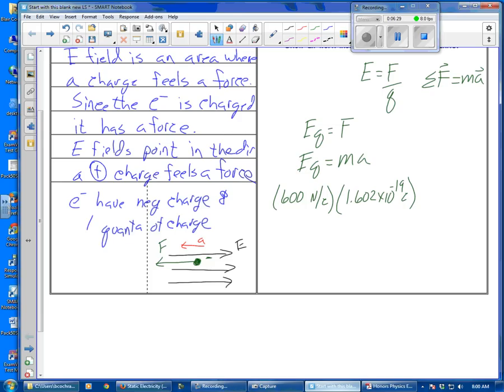I've already resolved the fact that it's negative in my force diagram and in knowing that it points opposite the field. And then the mass of my electron being 9.11 times 10 to the negative 31st kilograms. The only thing I don't know is the magnitude of my acceleration, and I can solve mathematically for that. I know I kind of talked quick, but any questions on that one?